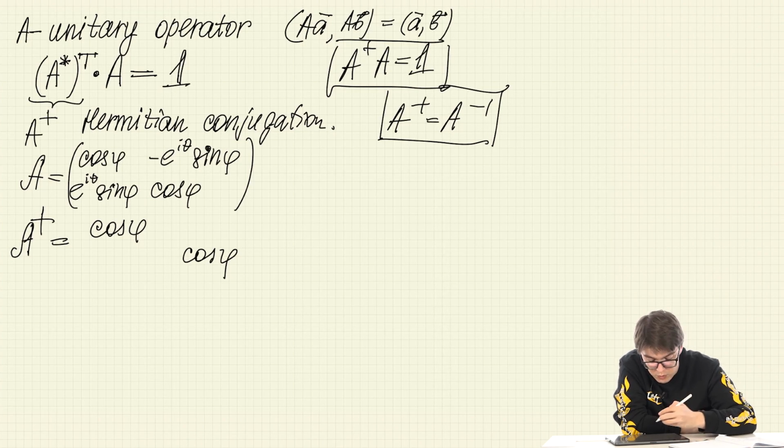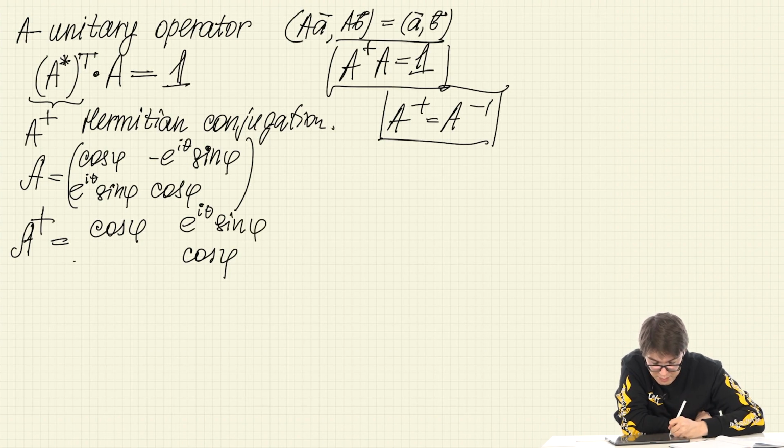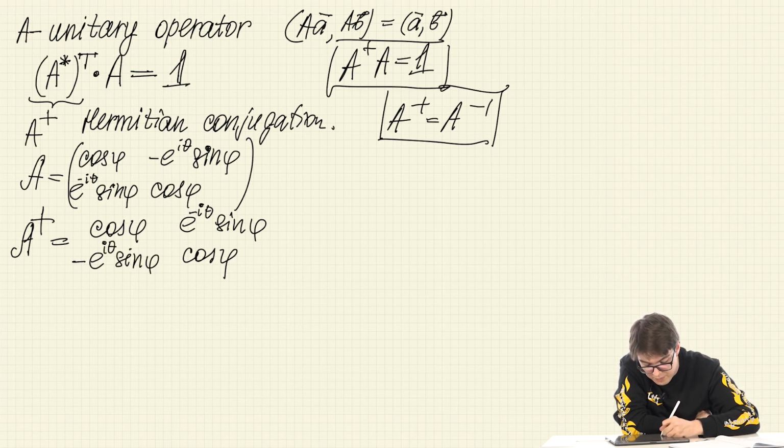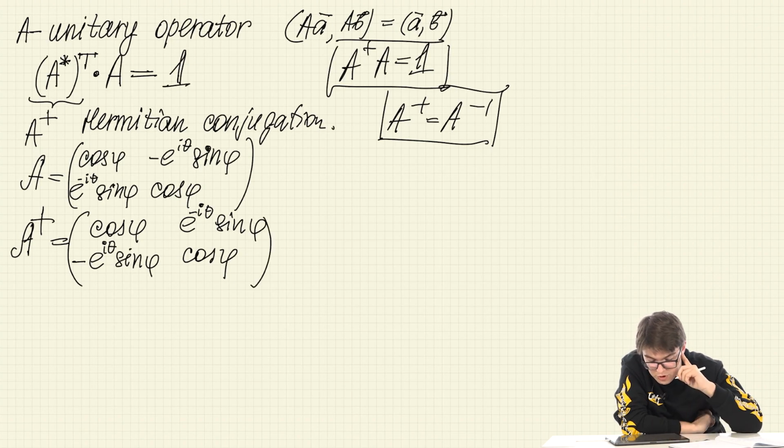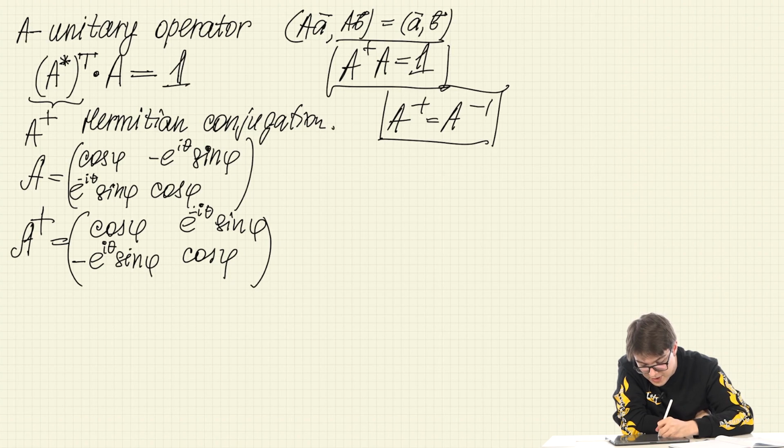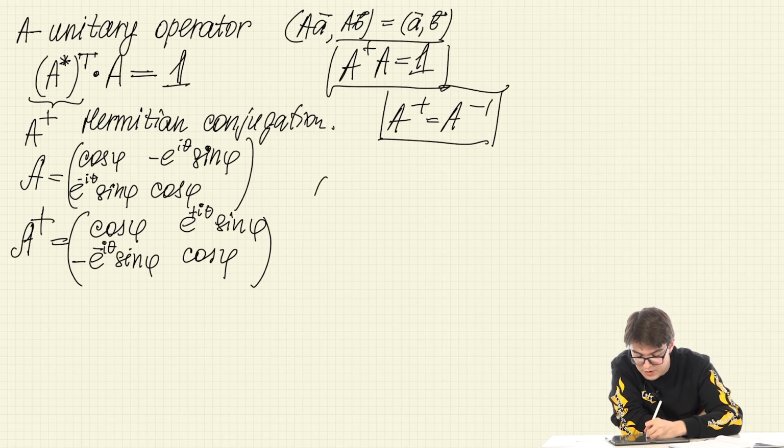Then we can transpose. It means that the exponent of i theta sine phi goes there, and minus, sorry, we forgot minus there. So first I write it, and the exponent of i theta sine phi with minus goes there. And then we should not forget to complex conjugate and write here plus and here minus. And then count the result.